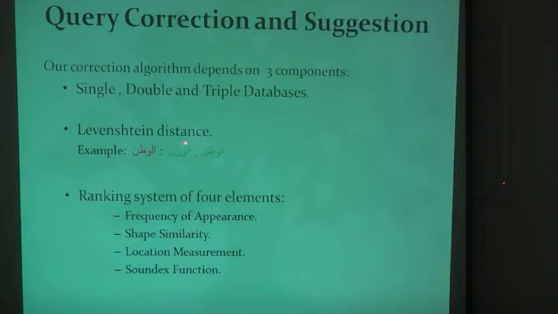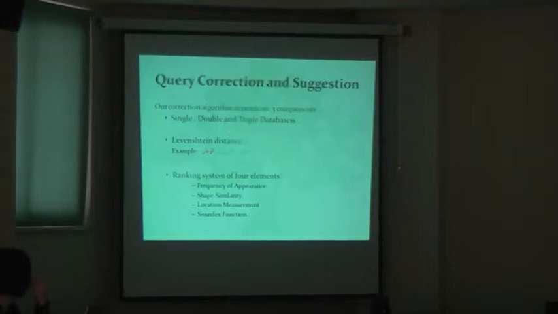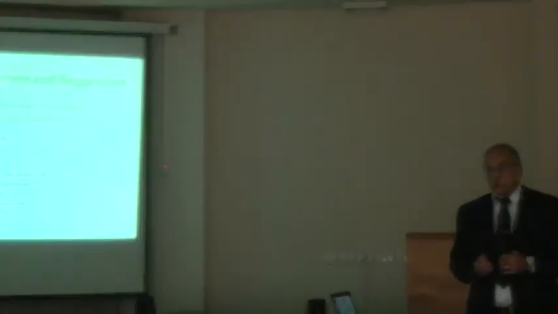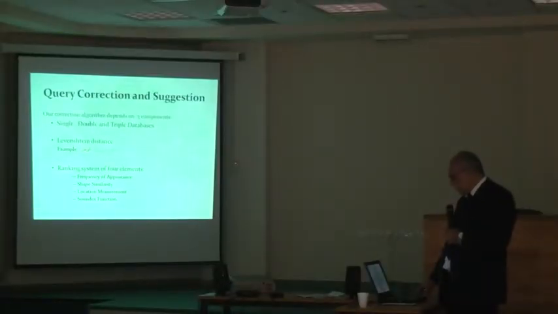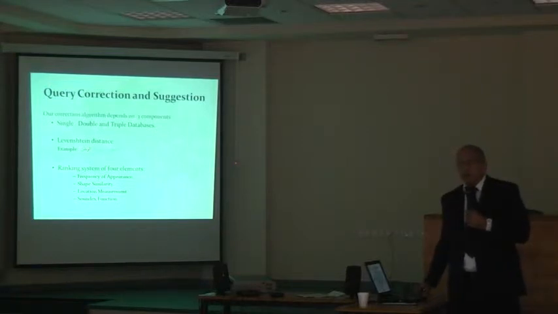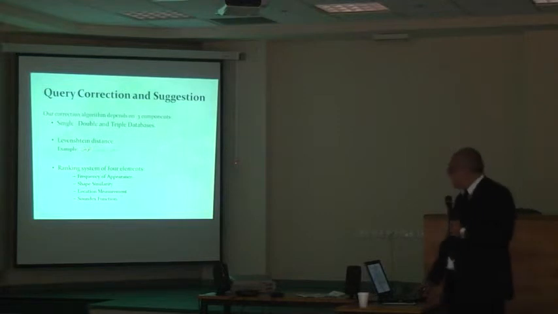So the system will try to give you some suggestions. We thought it would be smart to give you suggestions that better match your needs or your demands. For that, we needed to organize some sort of a ranking system for possible suggestions.